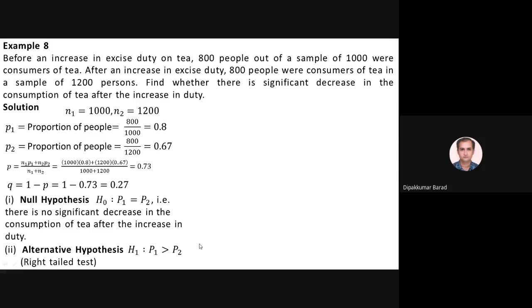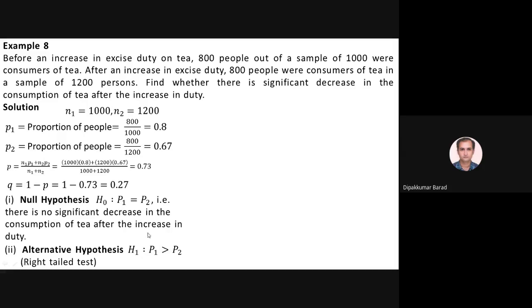After the increased excise duty, 800 people out of 1000 were consumers of tea, and now 800 out of 1200. So it means a decrease in the consumption of tea. It means P1 greater than P2, that is, before the excise duty the number of consumers is more than after the increase in the duty.